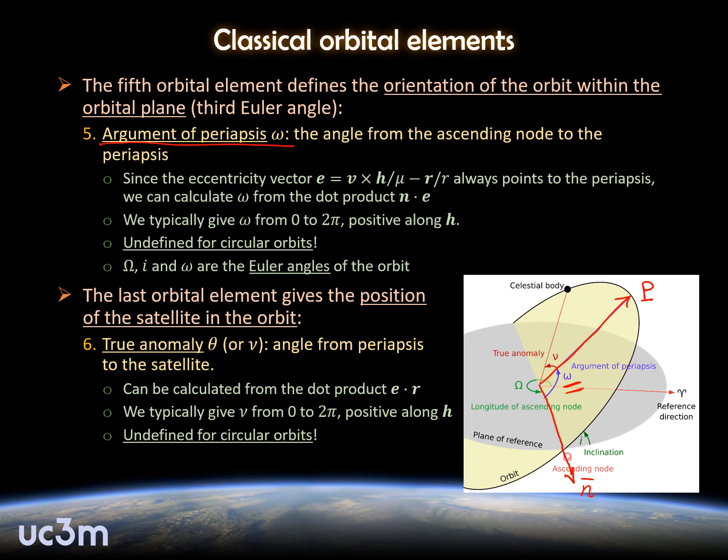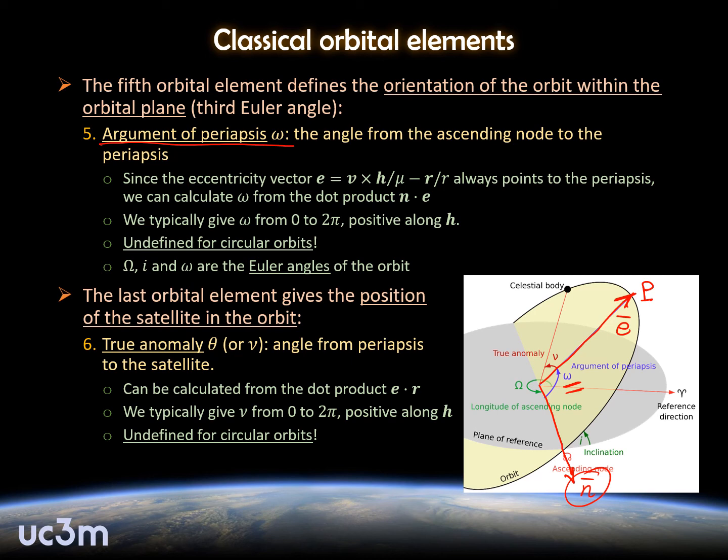Now, how can we compute this? You see, we always apply vector calculus to find these angles. So basically, if we want to find this angle, we need to use two vectors: the vector n, which we have already computed as the cross product between k and h, and a vector that points in the direction of the pericenter. Lucky for us, we know a vector that always points in the direction of the pericenter, which is the eccentricity vector.